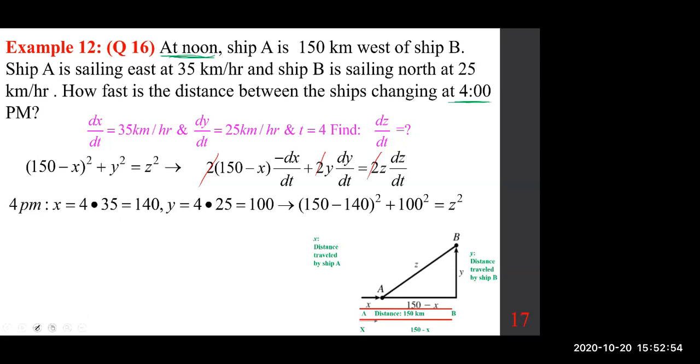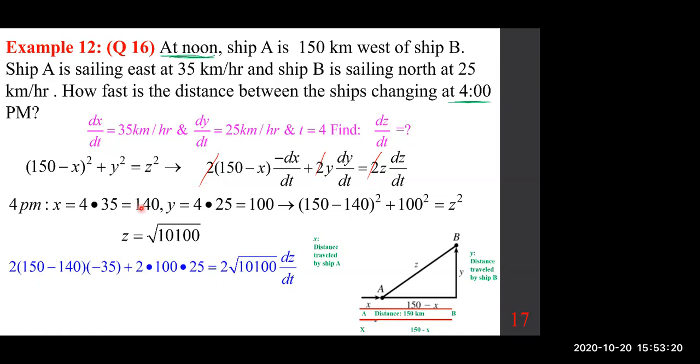That makes it a tad easier. And so we have 150 minus x, we said x is 140, quantity squared, plus 100 squared equals z squared. We find the z. Z is the square root of 10,100. And now just plug in into this formula. I would have dropped the 2, but it doesn't matter.